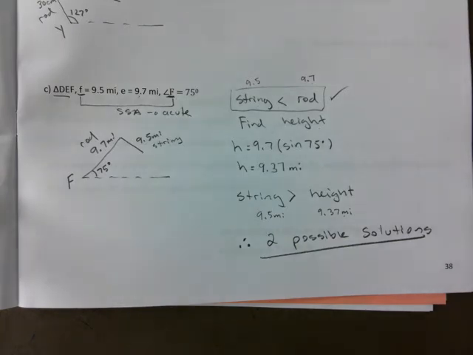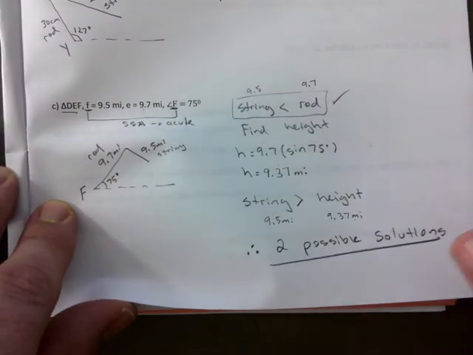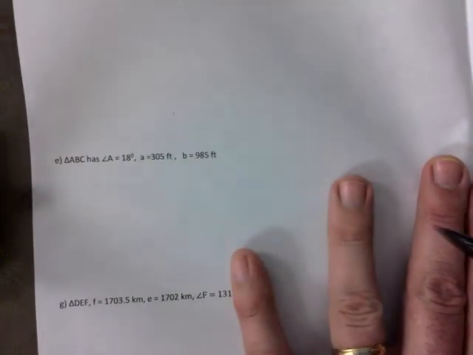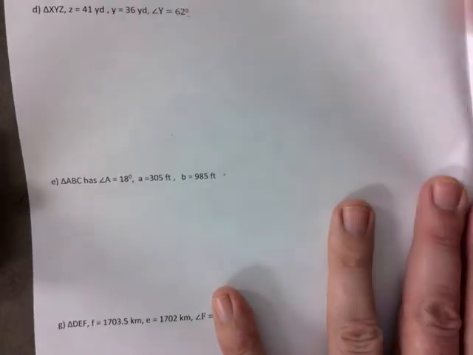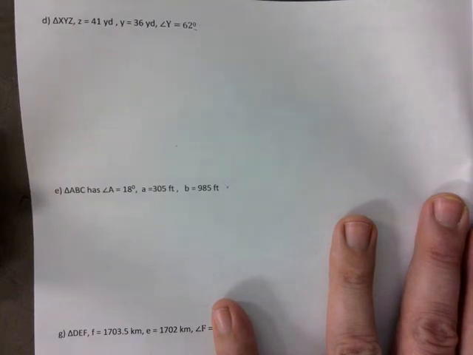I want you to try, I made a bunch of these. We have 9 minutes, but I would like you to try 2 of them, D and E, before we go. Figure out how many triangles would be possible based on that information. Minimum 1, ideally 2.